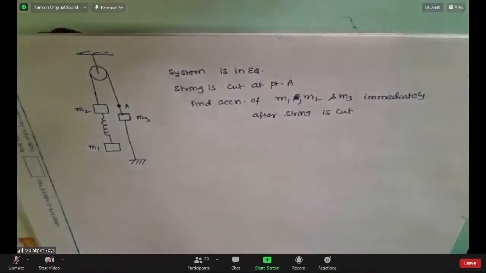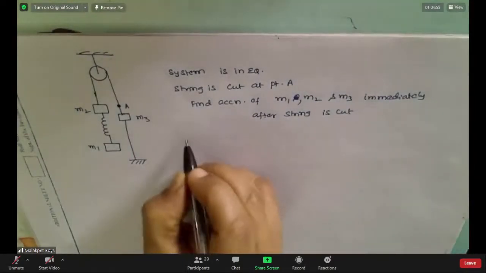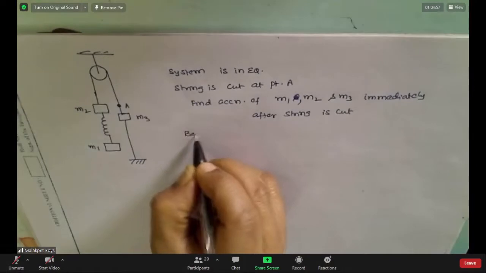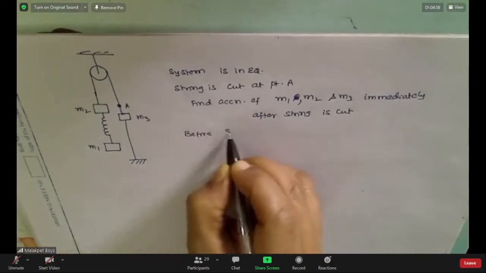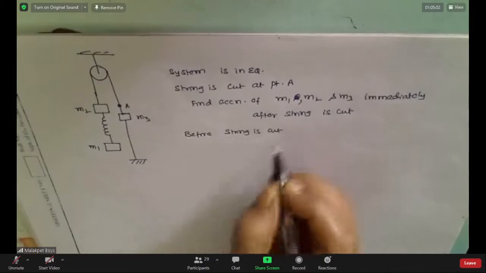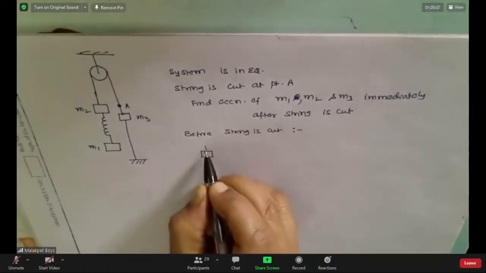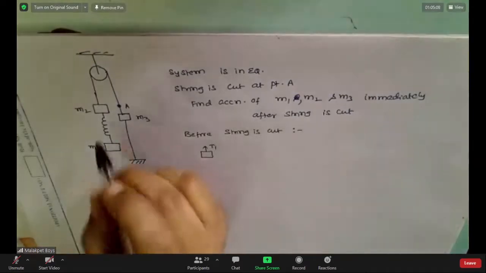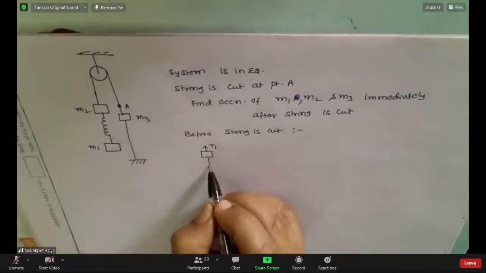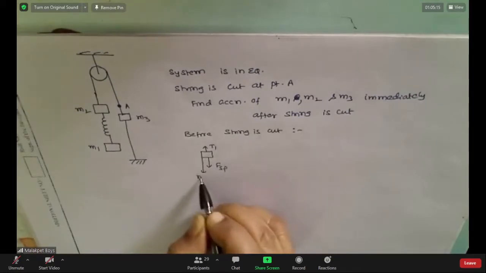Right, it's a very easy one. Finish this quickly. So here, before cutting, what are the forces? This is T1. Now the spring is elongated, so the spring force will be driving it like this. Do you agree with this?